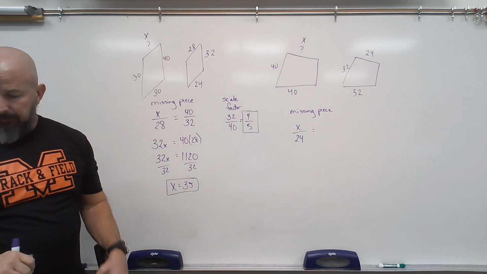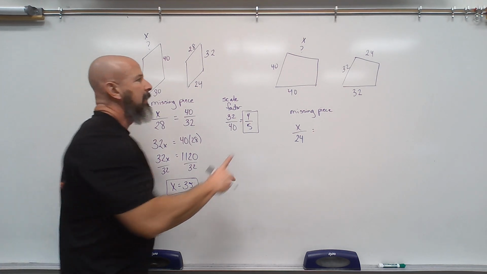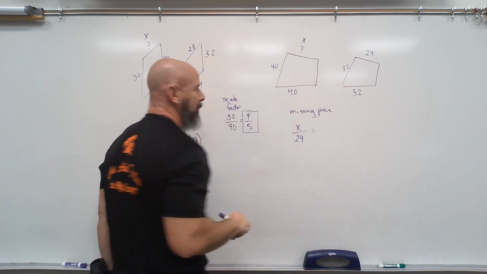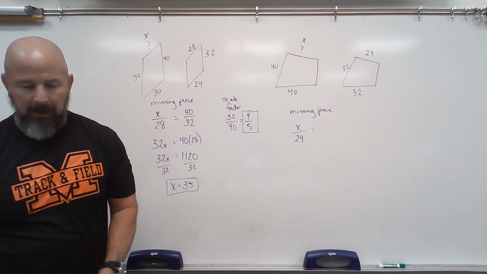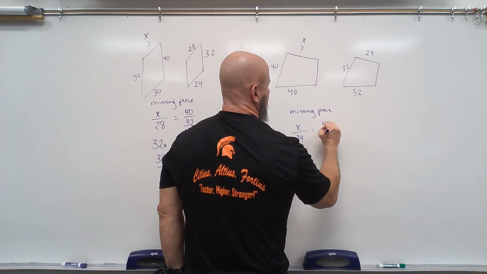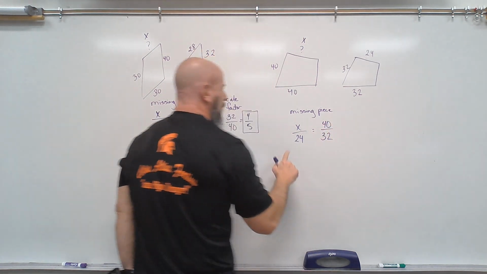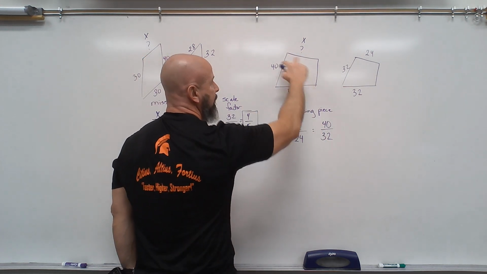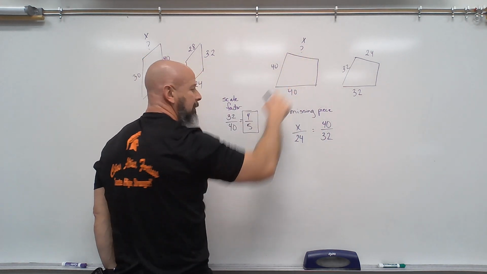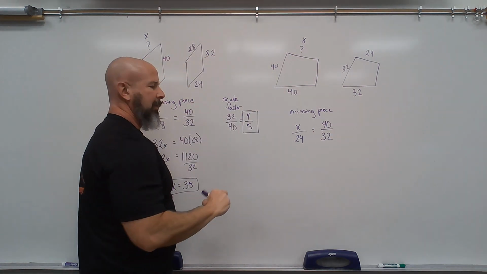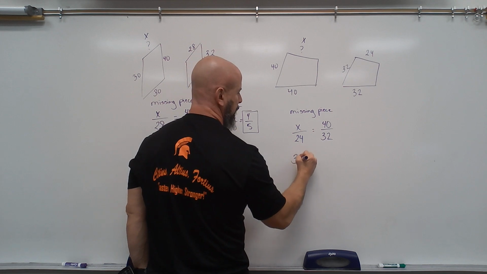In this case, I could go 40 to 32, and I could use the bottom. They just happen to both end up being 40 to 32. So I had x on top on the left, 40 on top on the right, because that's both dealing with this figure, and then my two bottom ones. Now I'm ready to solve.